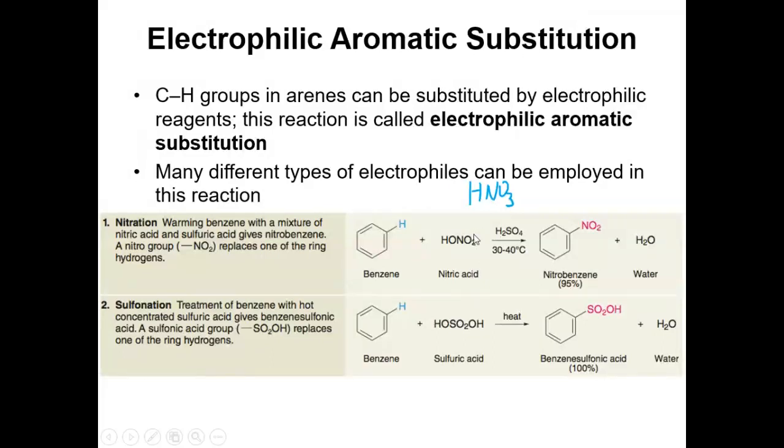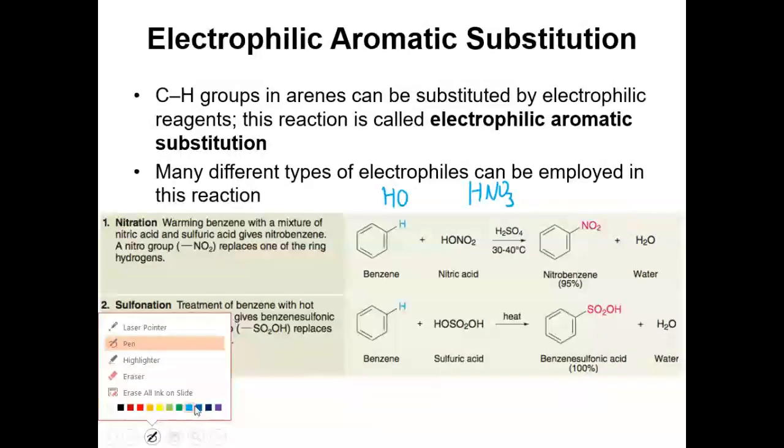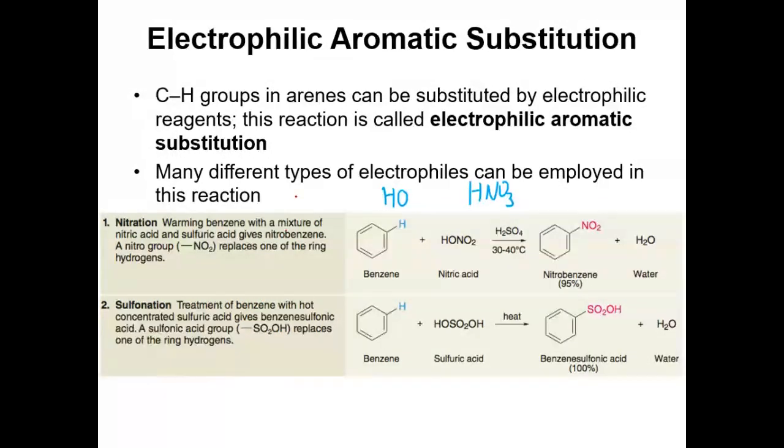So in nitric acid, we have the hydroxide fragment, a nucleophilic one, and the NO2, in red. Added together, it is still HNO3. Basically, the nucleophilic part is OH, and the electrophilic part is NO2.